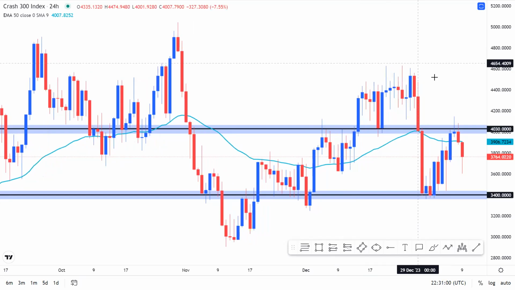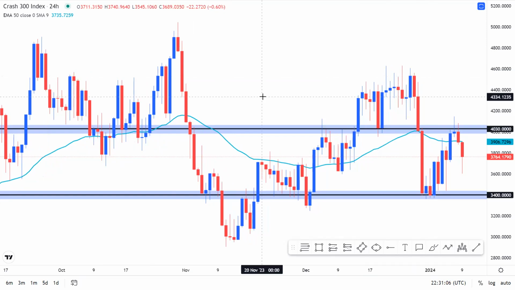And as you can see right in front of my screen, from the daily time frame chart here, Crash 300 index is bearish, very clearly headed to the downside.